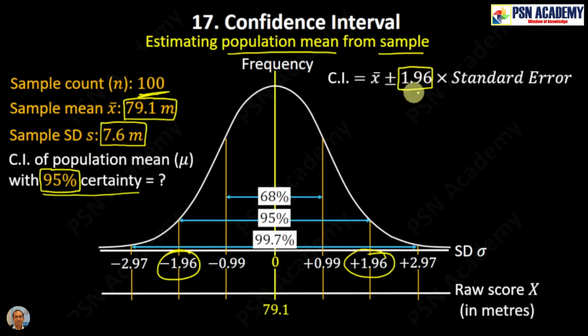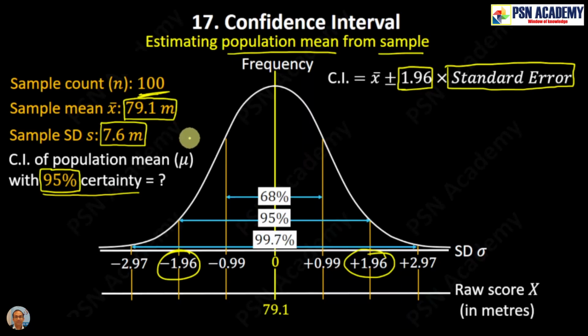Now, this value is also multiplied by a standard error. You have only one sample in your hand. Based on one sample, it is very uncertain that whatever you are doing will be according to your requirement, right? If you have lots and lots of samples, and based on those many samples you are trying to find out the population mean, then that will have a reason, right?